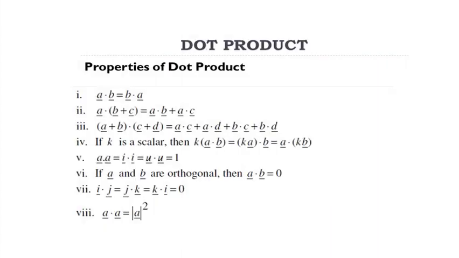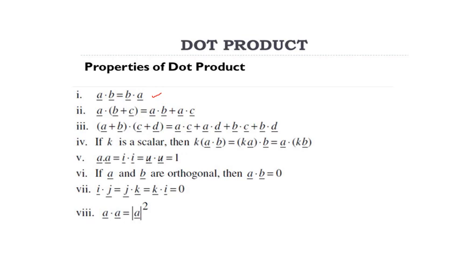Now let us see the properties of dot product. So we have 8 properties, right? So we'll see one by one. So first property, a dot b equal to b dot a, that is commutative. So this dot product obeys commutative property.